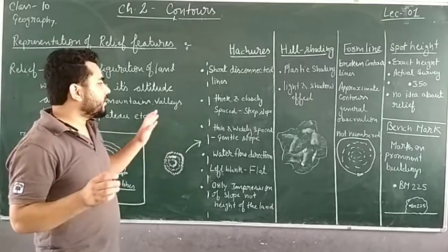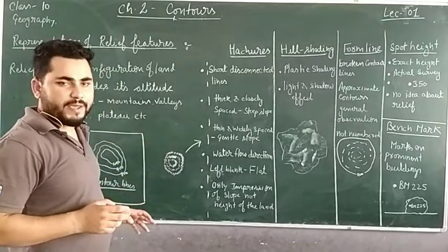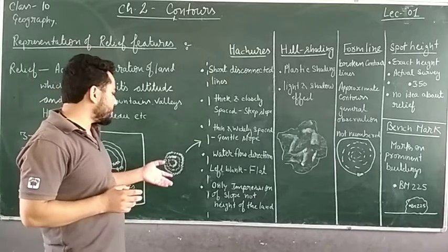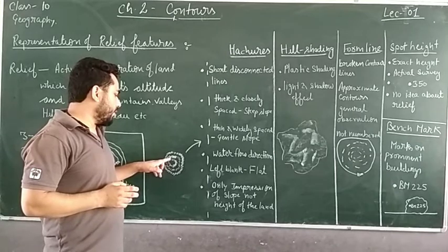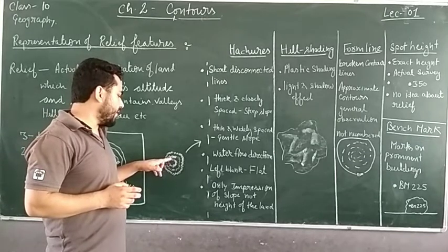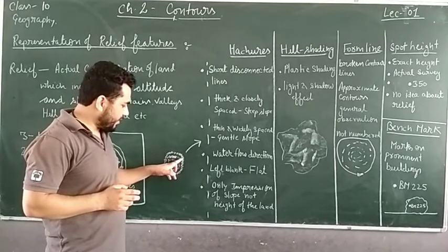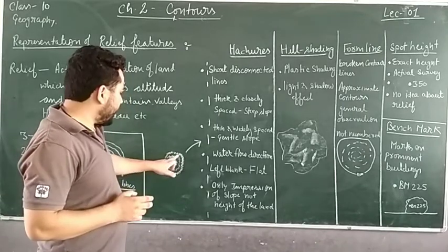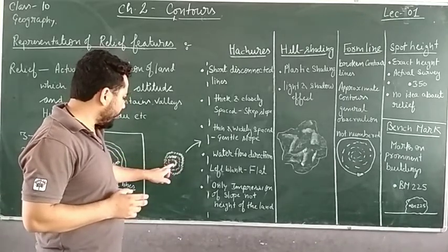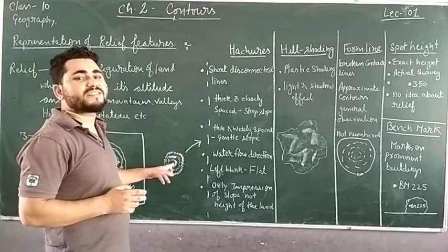These are thick and closely spaced when we need to show steep slope. Like suppose here I have drawn very thick lines, closely spaced. Here also, and here also.